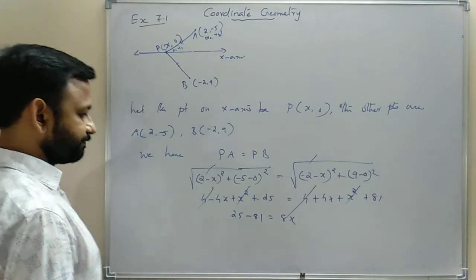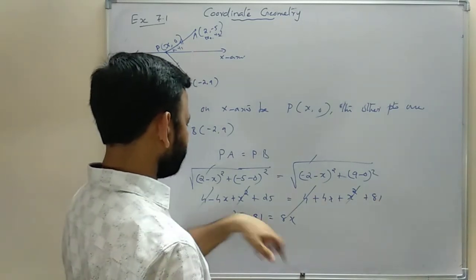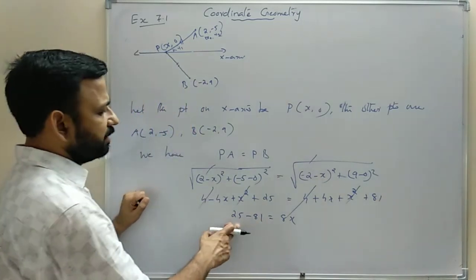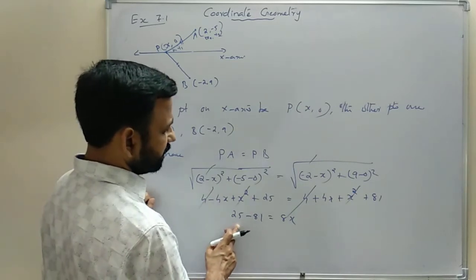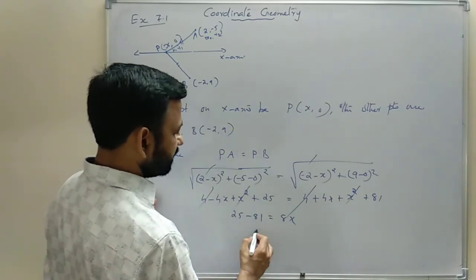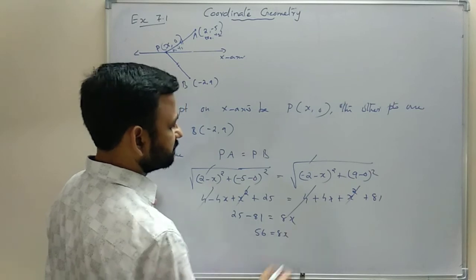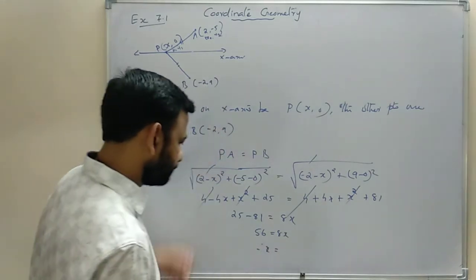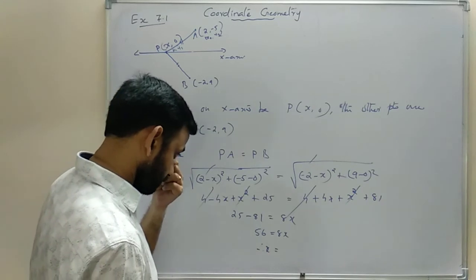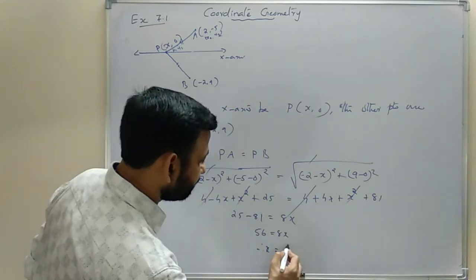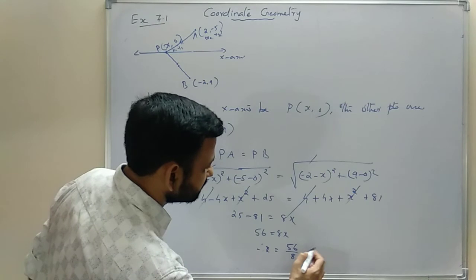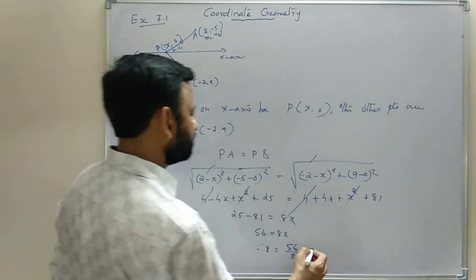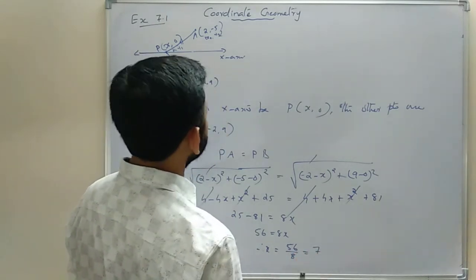And 25 minus 81 is minus 56, so that is 56 is equal to 8x. So therefore x is equal to 56 divided by 8, so that is equal to 7. So the value of x is equal to 7.